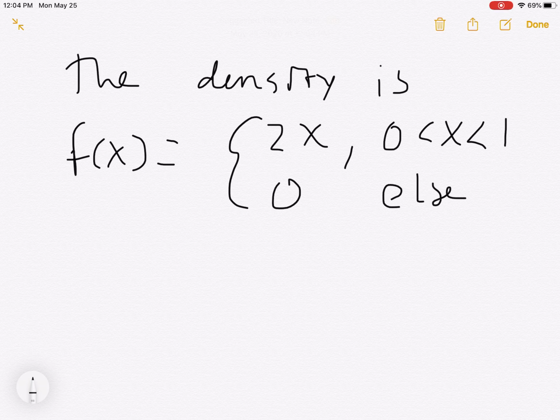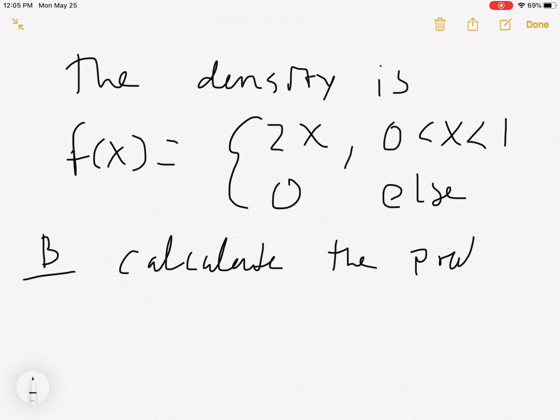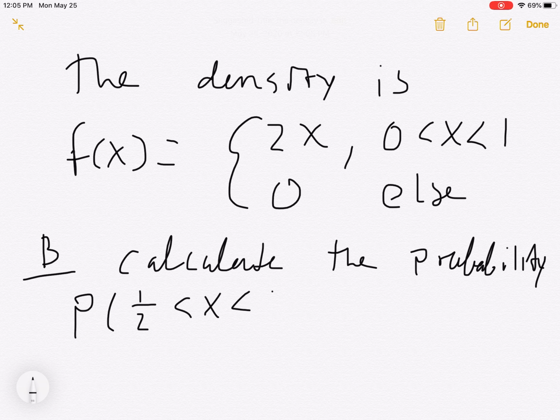Okay. So here's our second question, B. Calculate the probability that x is between 1/2 and 3/4. Well, if I was to calculate this probability, I just need to calculate an integral.